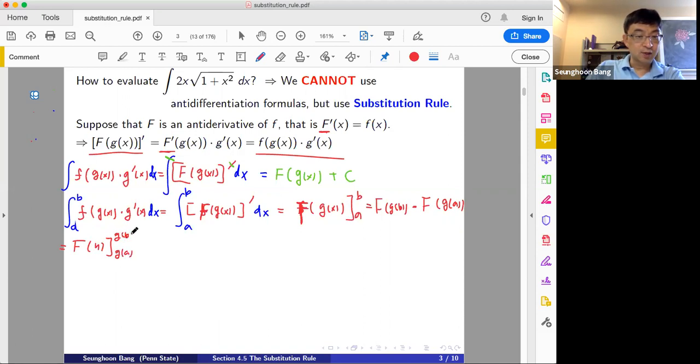It's the same thing, because you plug g of b into u, and you plug g of a into u. What is capital F? Capital F is exactly the antiderivative of f. You can use the integral form again, the integral of f of u du, with the new lower limit and upper limit, g of a and g of b. That's the idea, right?